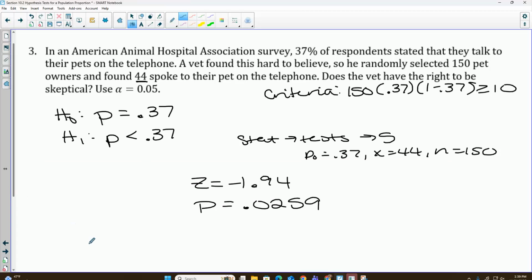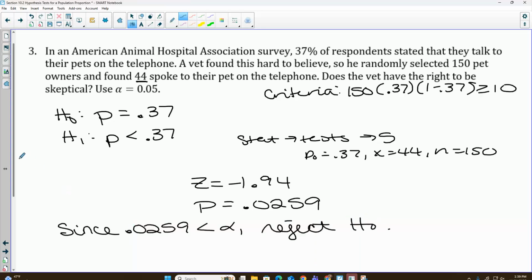So what's my conclusion? My P, the probability, is less than alpha, so we reject the null hypothesis.